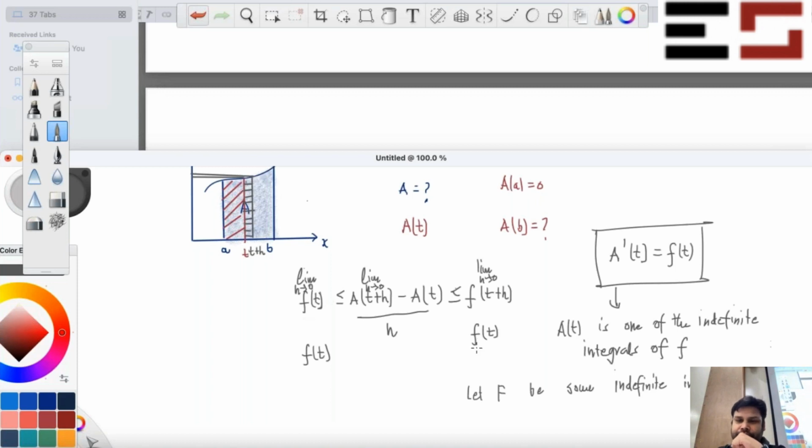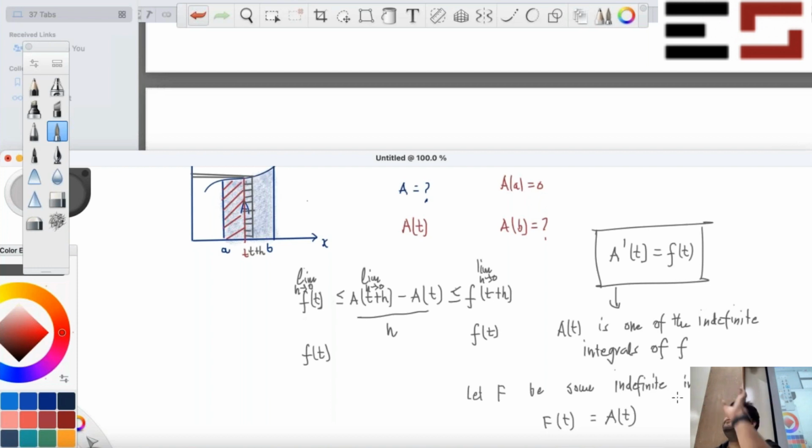Now, can you tell me what is the connection between F of t and A of t? Are they equal? Are they always equal? No, like you took some indefinite integral, somebody else took some other indefinite integral, and you're saying both of them are going to get the same area. Do you agree that the difference between these two will be some constant c? I mean, that's the only difference, right?